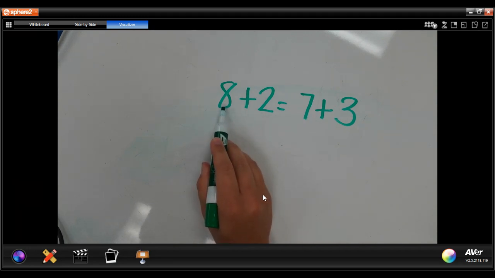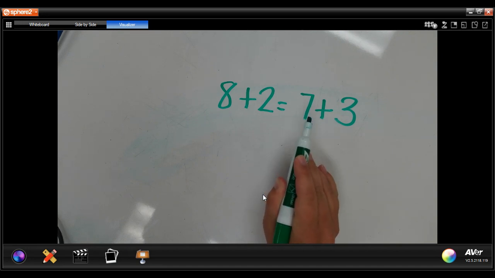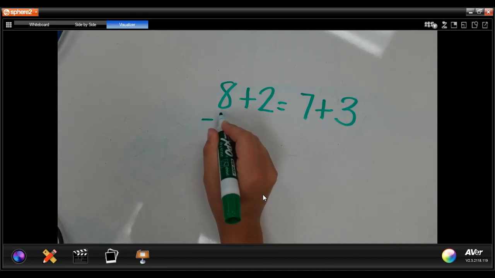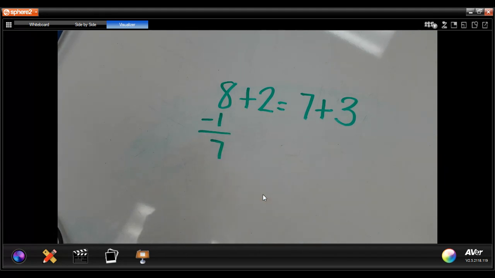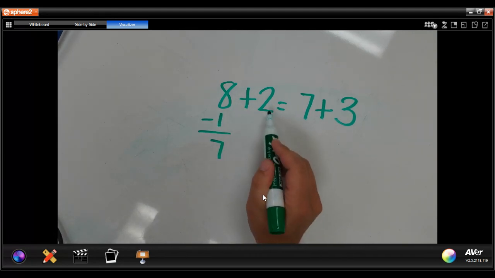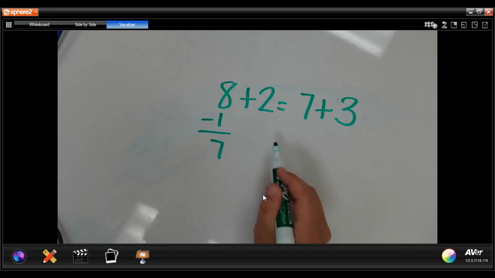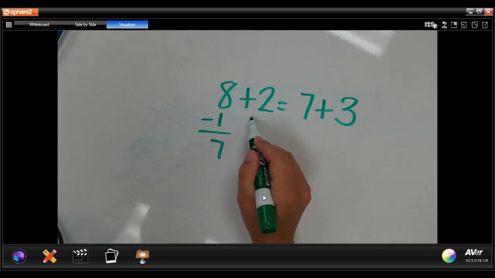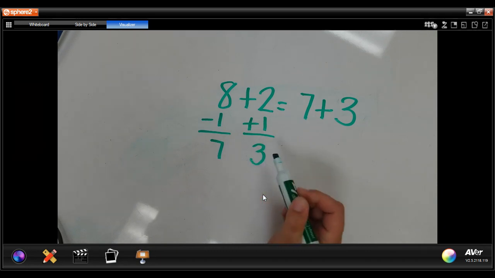I see an 8 here and a 7 here. If I want to know the relationship between 8 and 7, I know that 7 is 1 less than 8, so I'm going to say 8 minus 1 equals 7. Next, when I compare the numbers 2 and 3, I see that 3 is 1 larger than 2, so that's plus 1 equals 3.